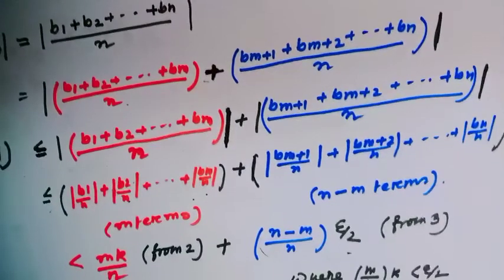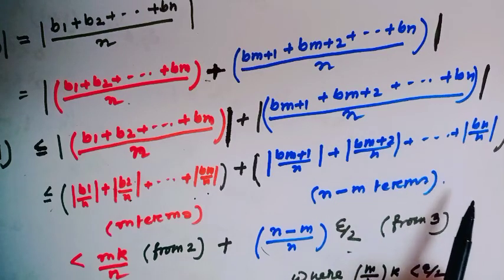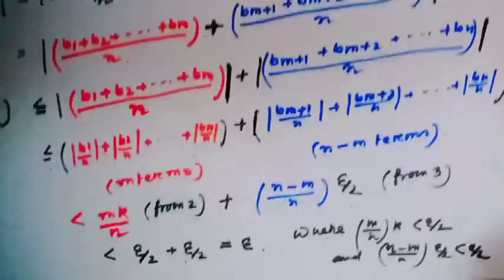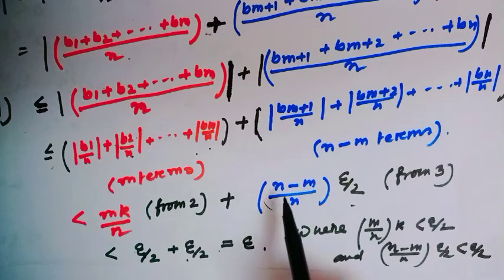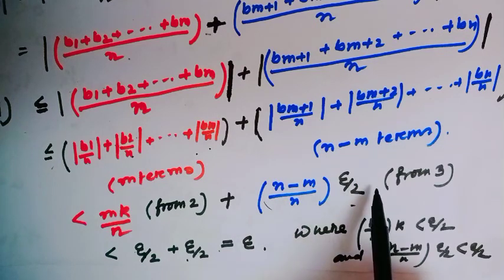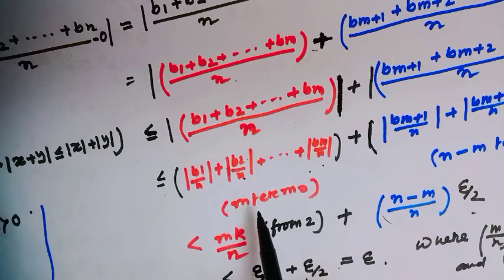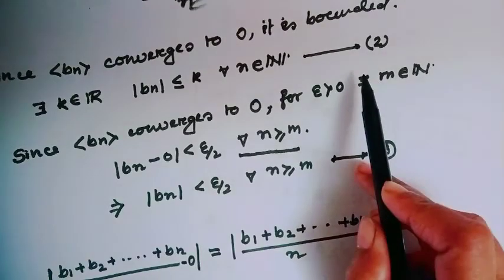That means for the first m terms we cannot apply this. This will be true only for the n minus m terms. We can write this as (n minus m) over n times epsilon over 2, and here we can apply this condition.